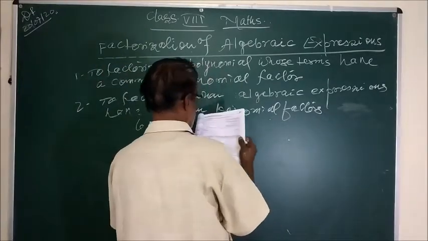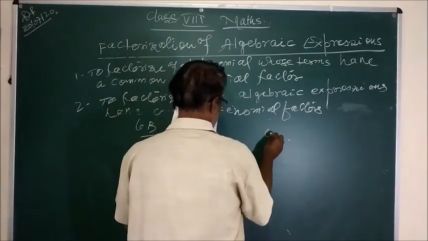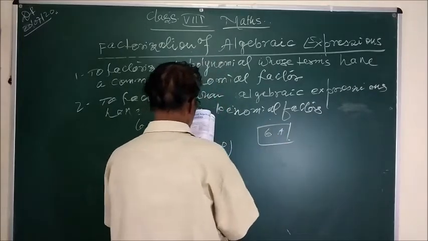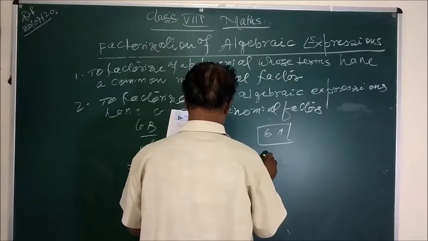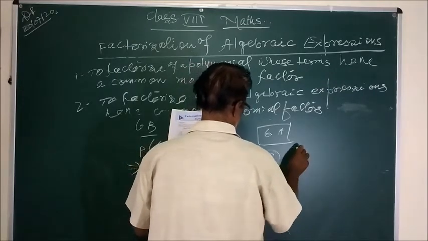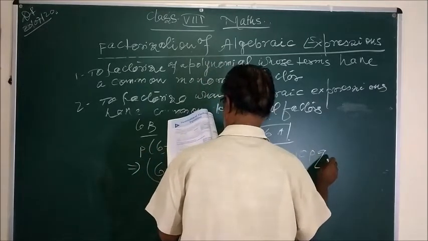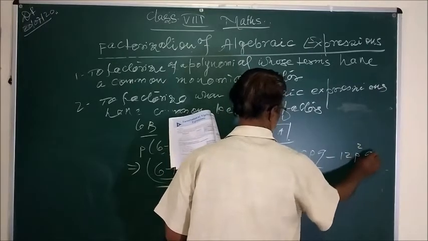I explained 6a, but you will try to solve the question, maybe a little bit changed. Suppose question number 10: 10pq minus 12p square q.